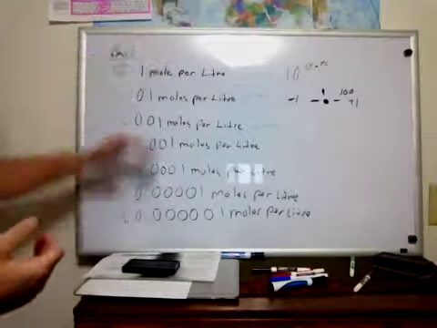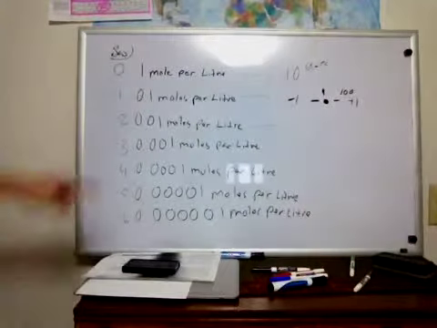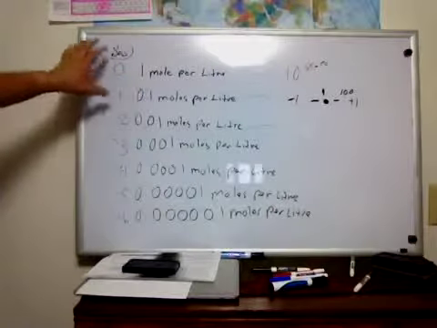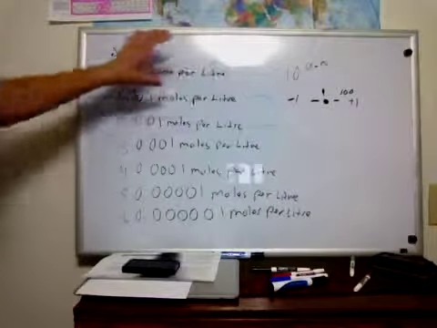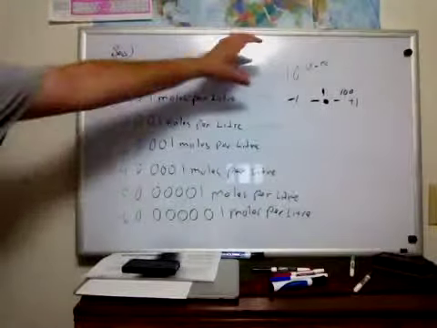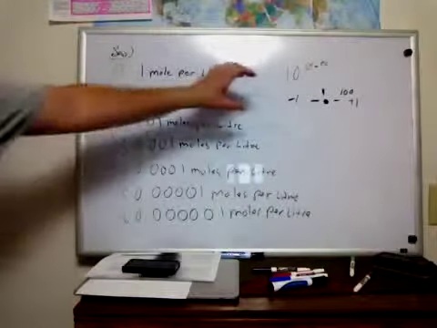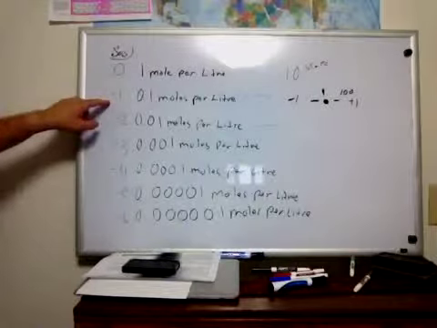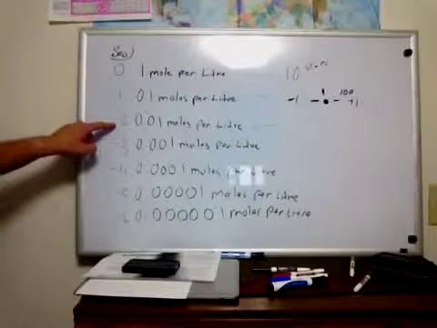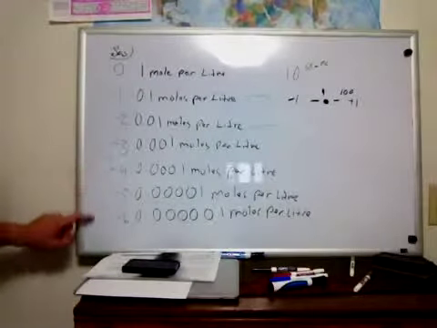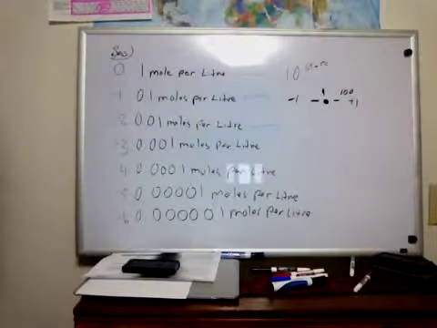When I turn this into a log, I start at 1, and that's just 0, and that's really concentrated. That's a lot of acid. But when I dilute that acid down 10 times, it becomes -1. Dilute it down another 10 times, and -2, -3, -4, -5, -6, and so on and so forth.